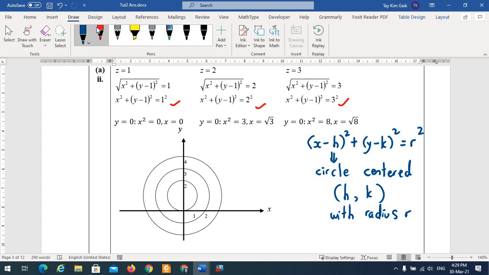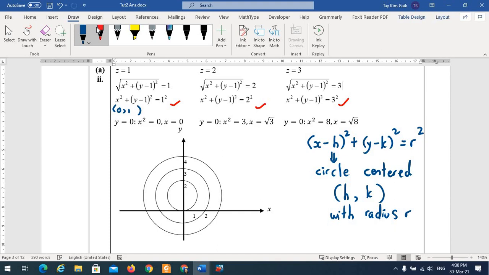So that's why here it is equal to 1 squared, so the radius is 1 unit. For the center of your circle, x squared means x minus 0, so the x of the center is 0. In this case the center is actually (0, 1).